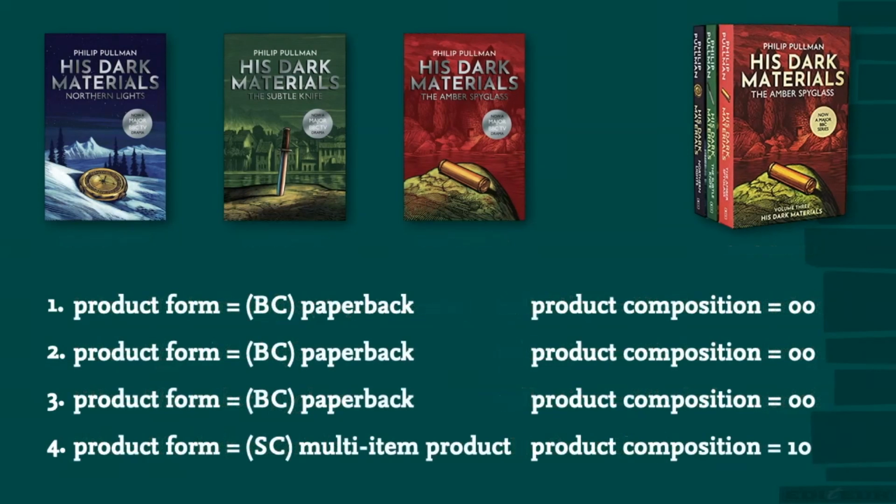Looking at another part of the metadata, the first 3 books are simple paperbacks. Their product form code is BC, and they're normal standalone products. So that's product composition 00. The box set isn't, as a whole, a paperback. It's a so-called multi-component retail product in a slipcase, which has product form code SC.